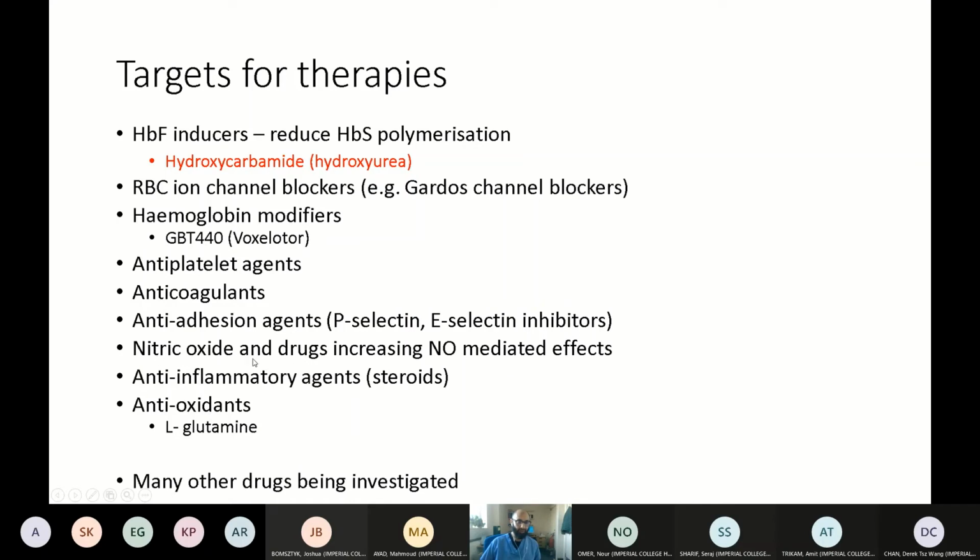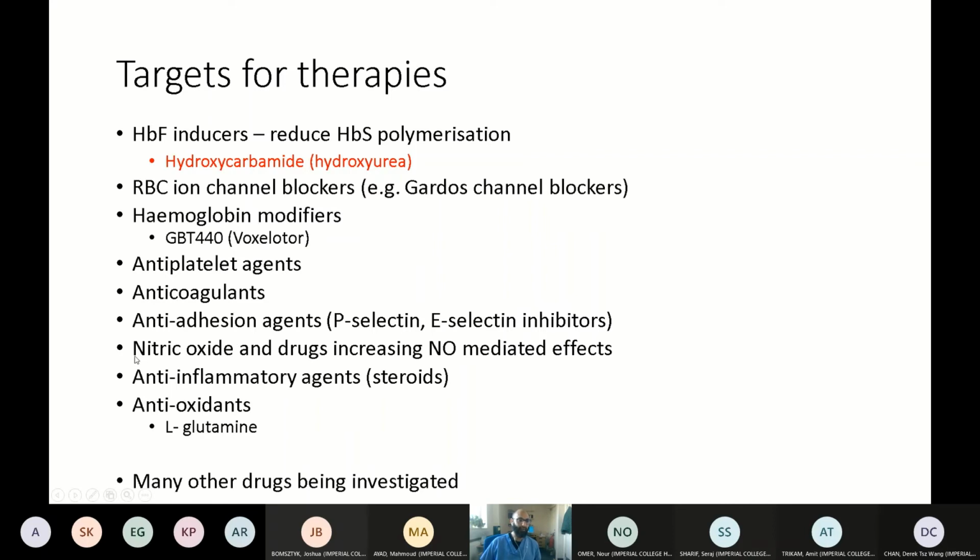Theoretically, nitric oxide and drugs which increase nitric oxide should be of benefit. But clinical trials have not been very promising, and it's probably because we've not found the right targets and used the right drug, targeting the right part of the nitric oxide pathway.